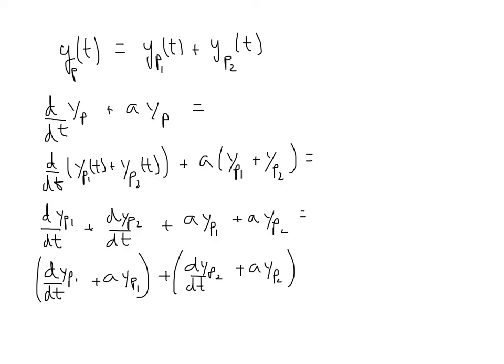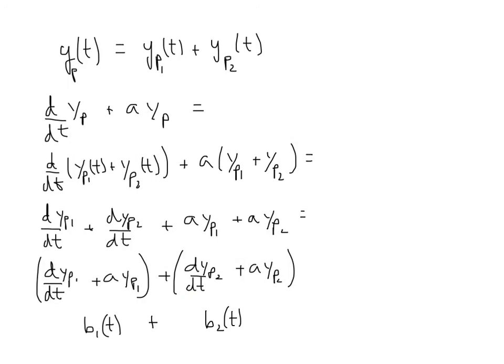But on the previous slide, I showed that this equation adds up to be b1 of t, and this equation, being a solution of the equation I showed in the previous slide, adds up to be b2 of t.